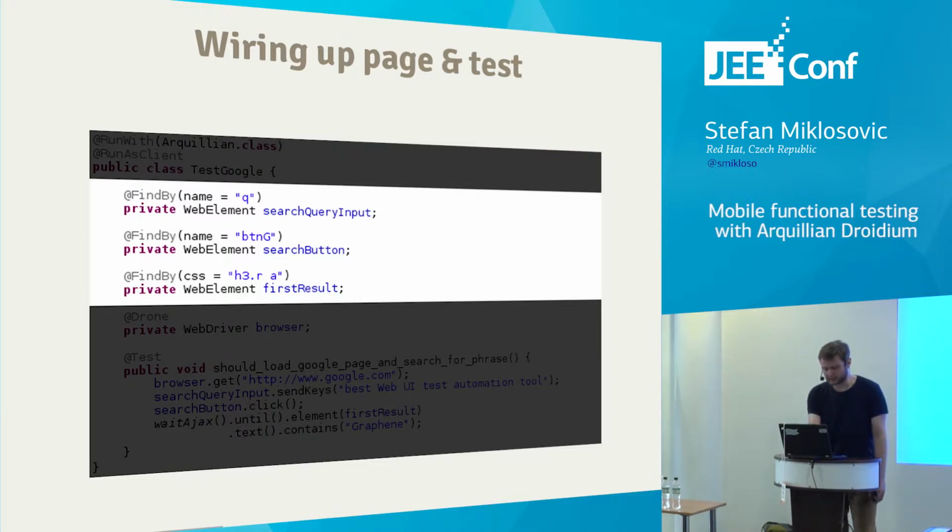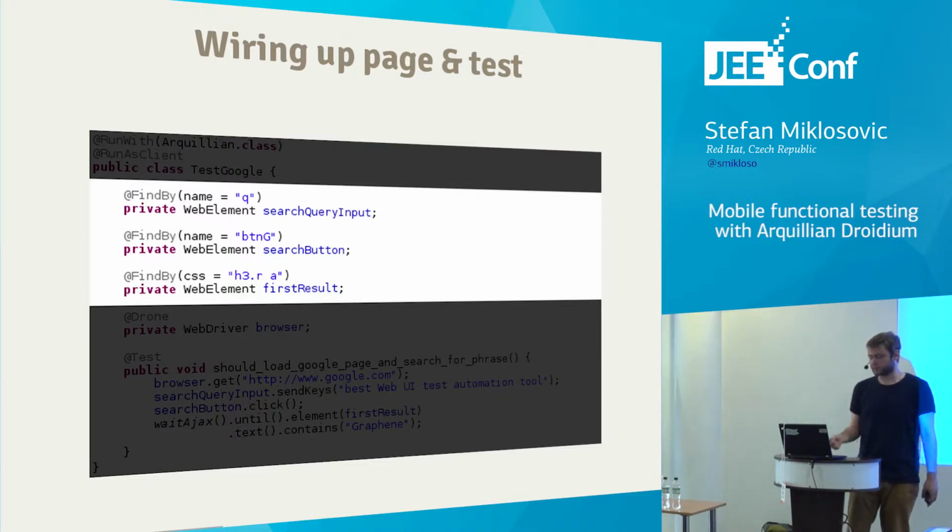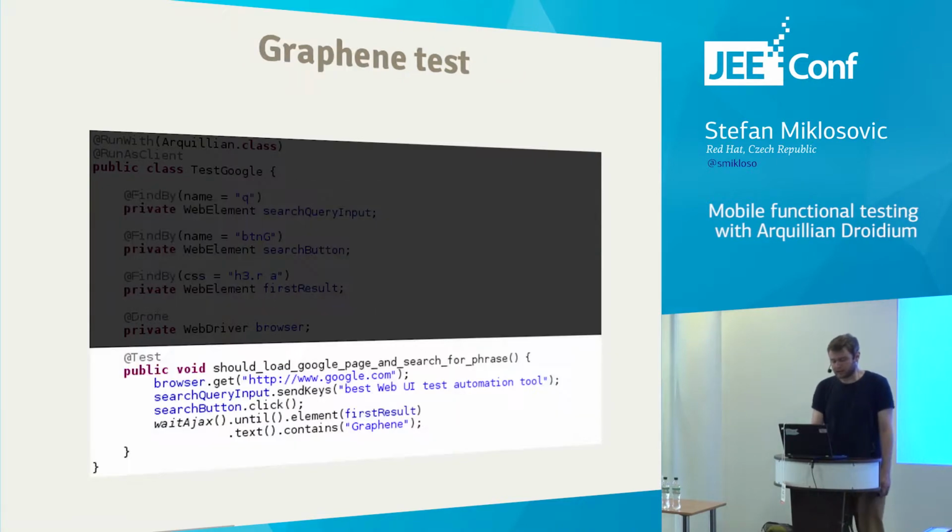For example, the search button will be a button you are going to click on. So the test is really easy. It is like a proof of concept, really. You just take your browser, navigate to Google, send keys, click on the button, and you are waiting until some element will contain the result.